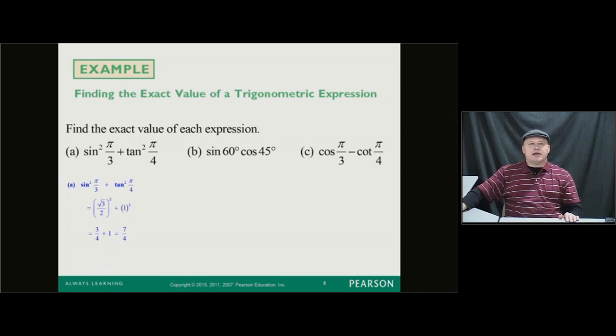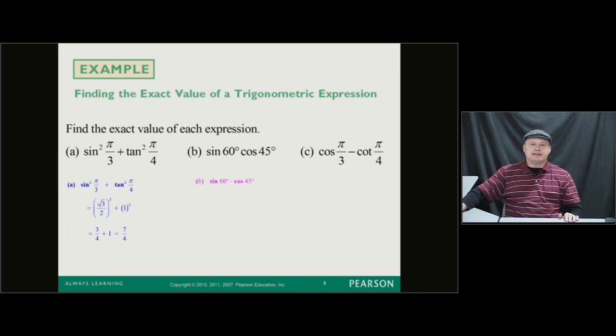Okay, so this is just giving us practice in the memorization of what we call special trig functions, or special angles. Now, sine of 60 degrees times the cosine of 45 degrees. Again, sine of 60 degrees is square root of 3/2, and the cosine of 45 degrees is the square root of 2/2. Again, I have them memorized.